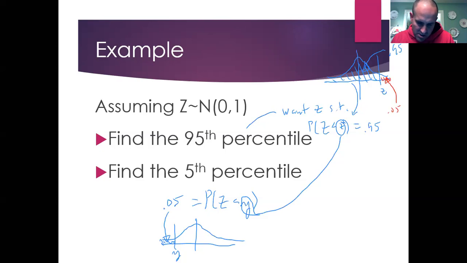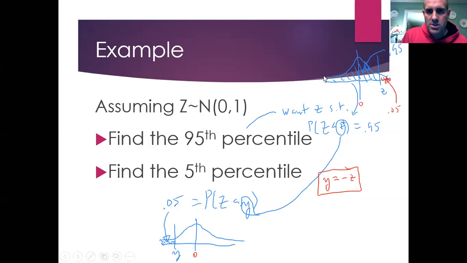Then just by flipping across, since 0 is right in the middle, you can see by symmetry that y is equal to the negative of whatever this z value is. So really, to solve both of these problems, I only need to solve one of them and then use symmetry. Okay, so let's go take care of that.